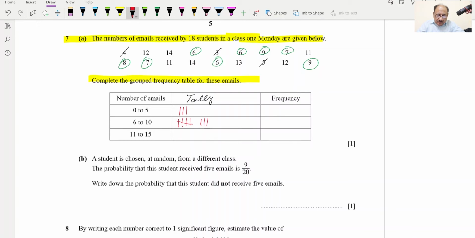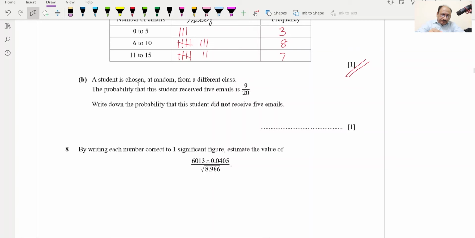And then next is 11 to 15. 11 to 15 will be 1, 2, 3, 4, 5, 6, 7. So 7. So the frequency we can write over here. This will be 3, this will be 8, this will be 7, and we are done with the completion of the table, which is 1 mark.